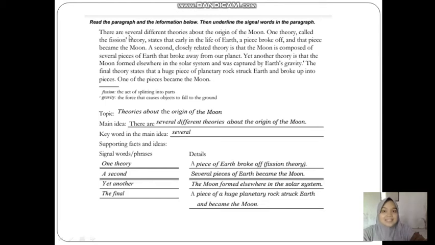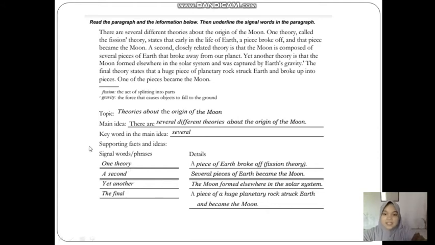There is one keyword, several, which is a keyword of listing pattern. Several is one of keywords of listing pattern.